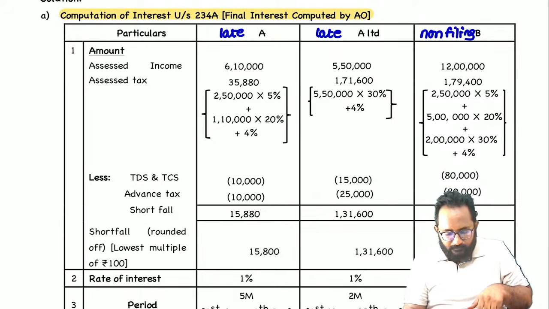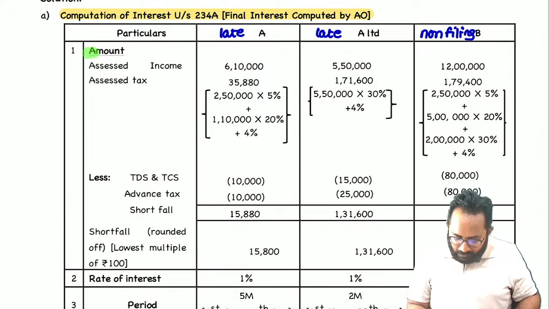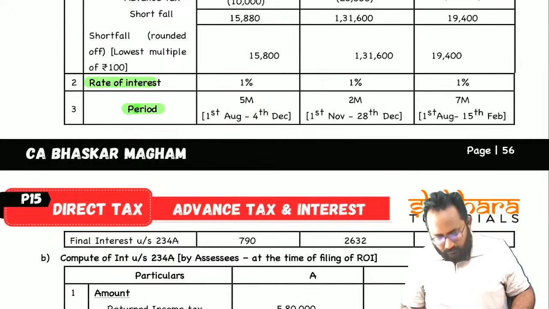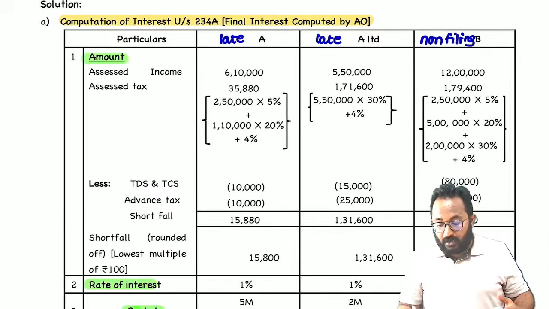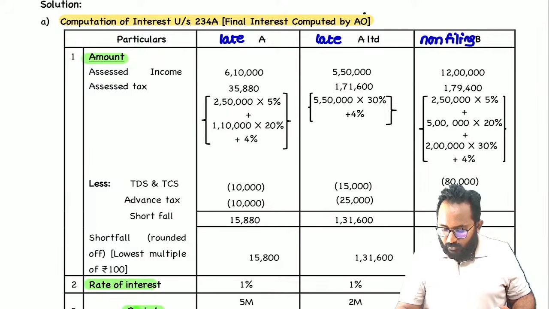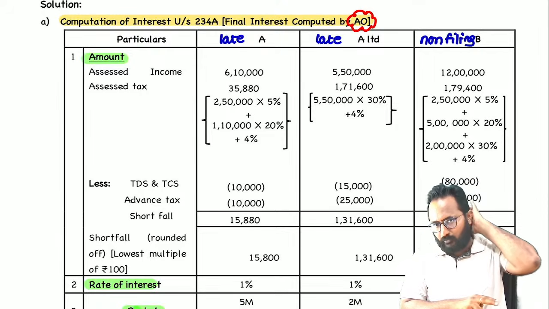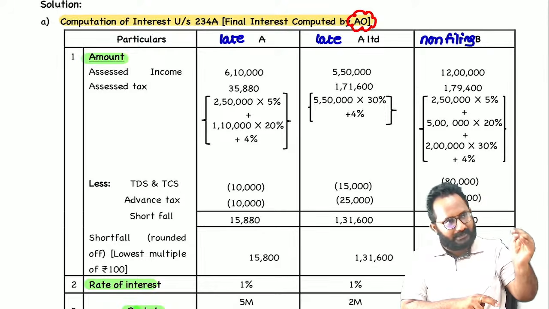Okay, listen. What is that interest computation format? Amount, rate of interest, period. Amount means, who is computing now? AO. At the time of AO computation, does amount mean self-assessed tax or AO determined tax? AO determined tax.